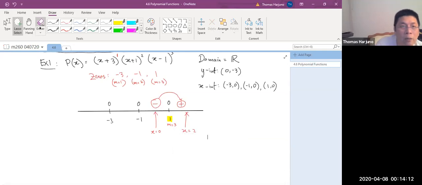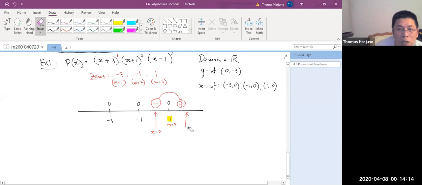We have a better method: looking at the multiplicity of the zero. If the multiplicity is odd, the sign will change. If the multiplicity is even, like at -1, the sign will stay the same. At -3, the multiplicity is odd, so when we jump across the critical number, we change the sign. Now that's the sign graph.